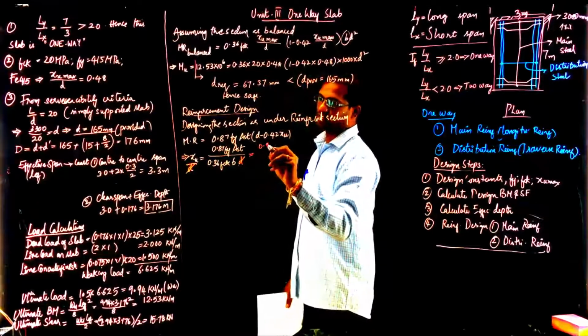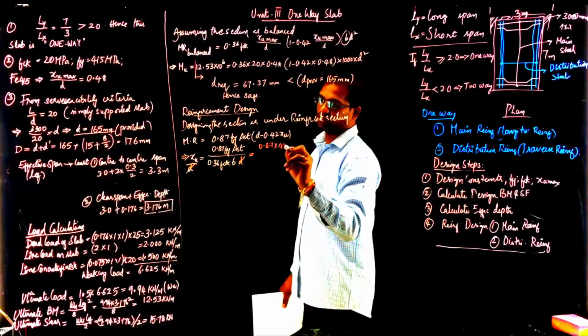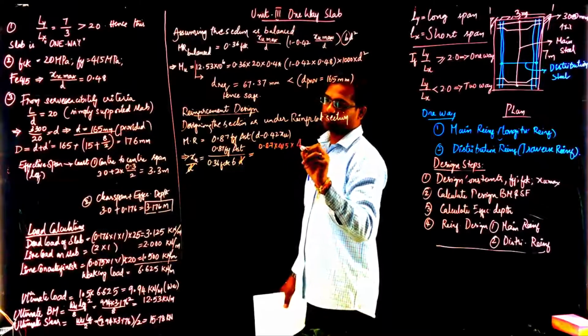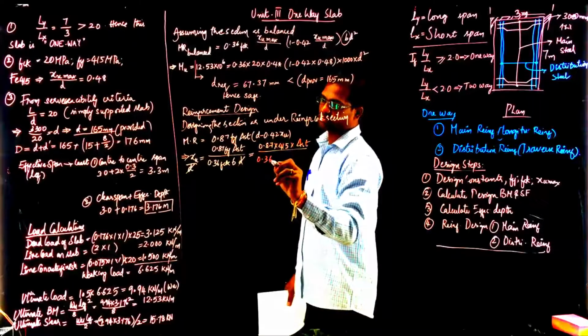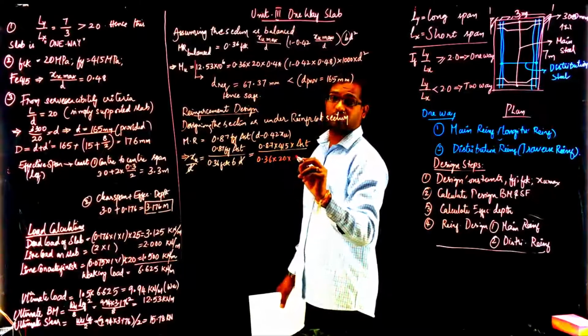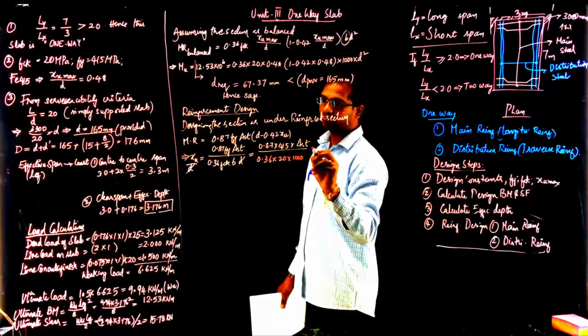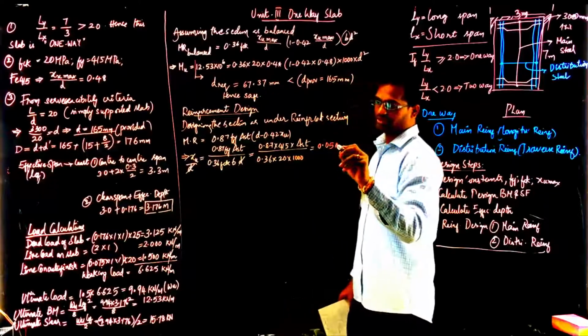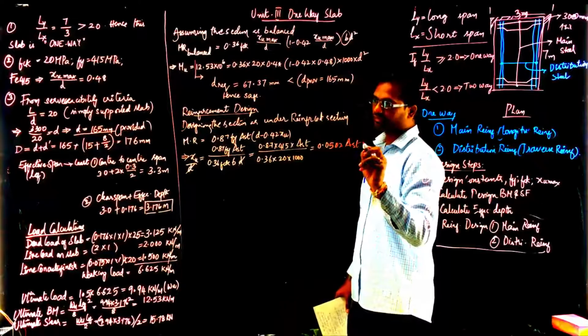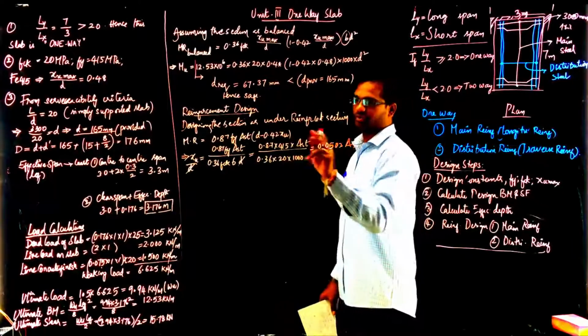Now fy is 415, keep Ast the same, divided by 0.36 into fck 20, and b is 1000. Now this value will come around 0.0502 Ast. Now back substitute xu here.